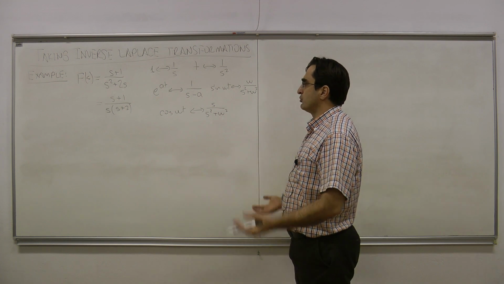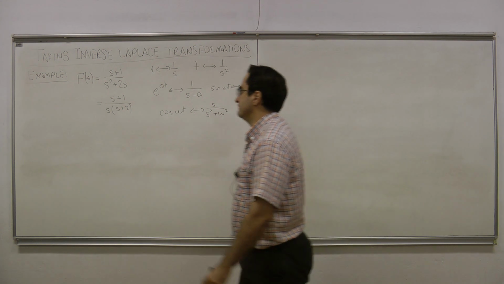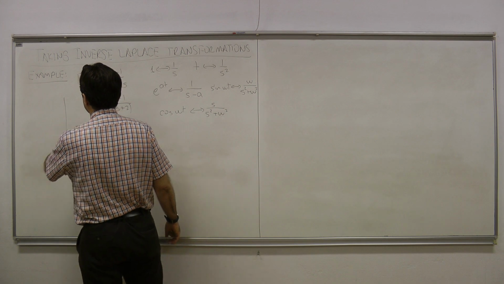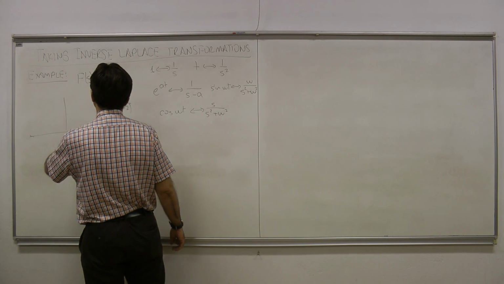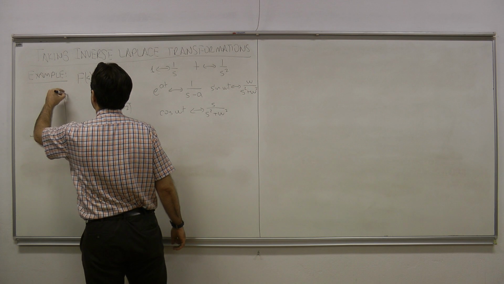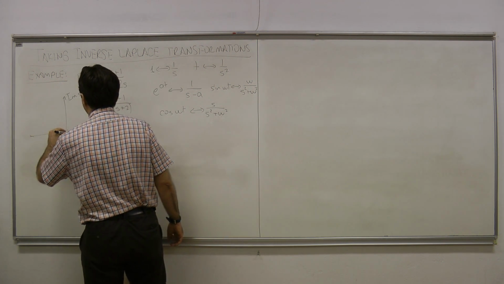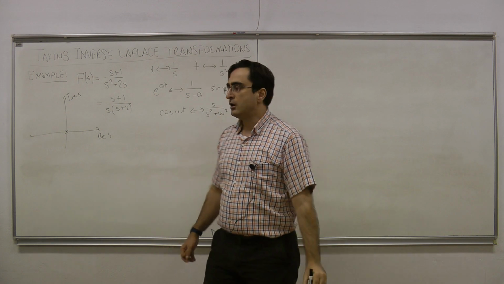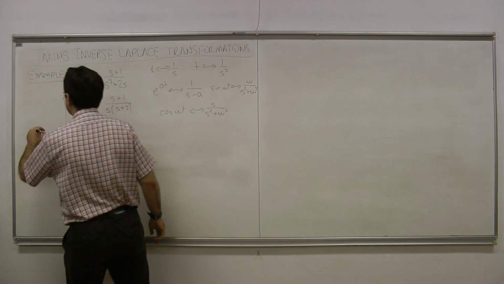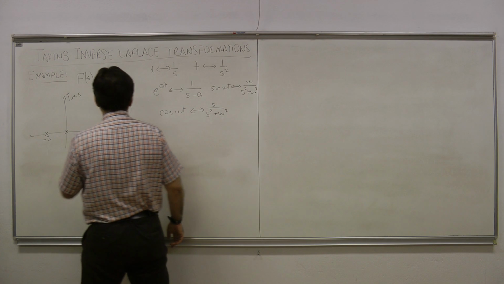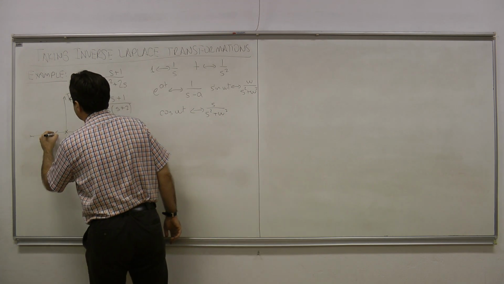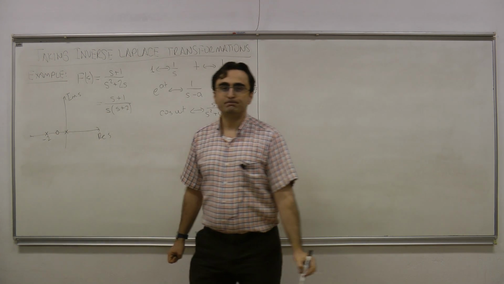So where are the poles of this Laplace transformation? If I make a pole zero map for this function, then it's going to be looking like this. There will be a pole at s equals 0, and there will be a pole at s equals minus 2. And there will be a zero at s equals minus 1.